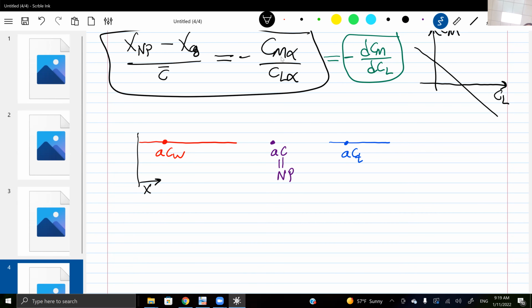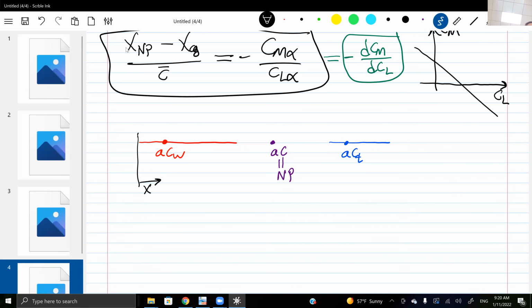This is the main message from the entire course. When you see it in Albertson's 2 years from now, I'm going to ask you about it. So Cm alpha is negative, and this is another negative, so I have a positive numerator. And of course, CL alpha is positive, no doubt about that. So the right-hand side is positive for a stable airplane.